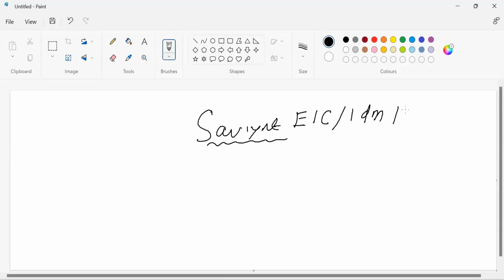Some people also call it IAN. What does it mean exactly? This is enterprise identity, cloud identity management. Some people call it identity and access management. When we talk about it, everywhere this is enterprise identity.